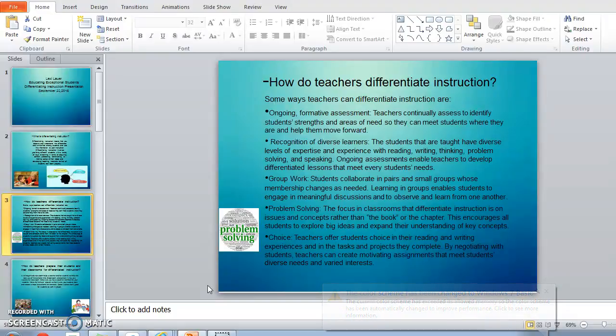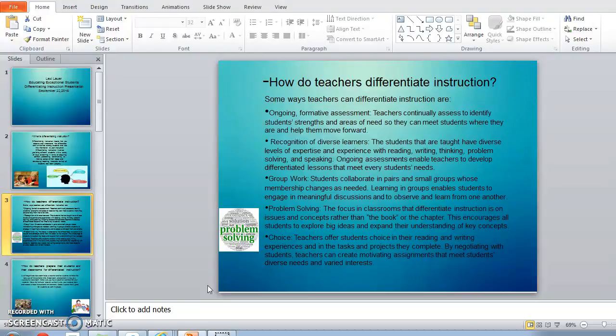How do teachers differentiate instruction? There are a lot of different ways that teachers can differentiate instruction. They can design lessons toward different learning styles that students may have.